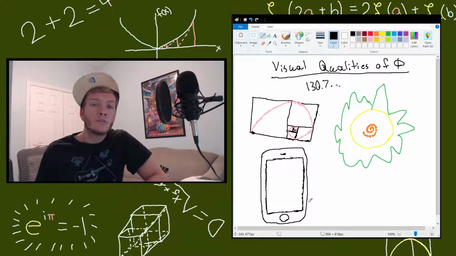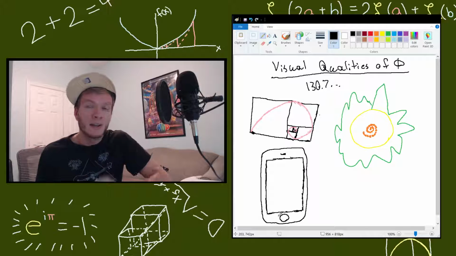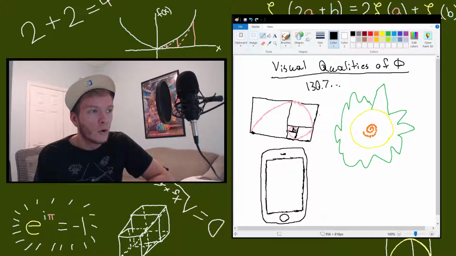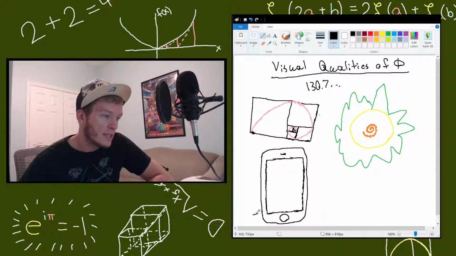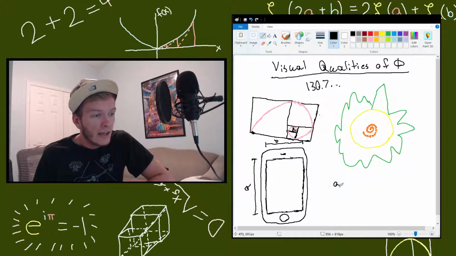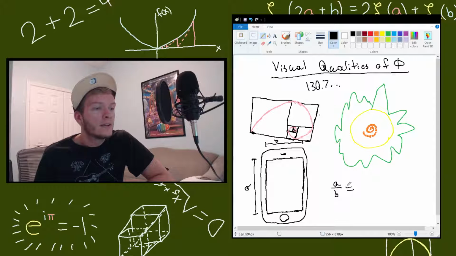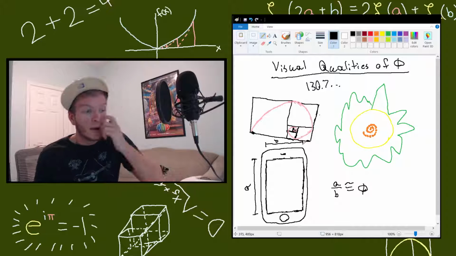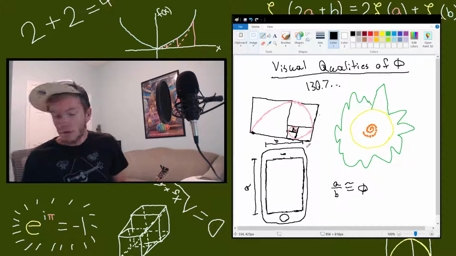Usually what they go for is a 2/3 ratio, but really what they're talking about is the golden ratio. So if we look at this length and this length, and we call this A and this B, and we say A over B, then this is approximately phi. So that's what's beautiful about an iPhone.